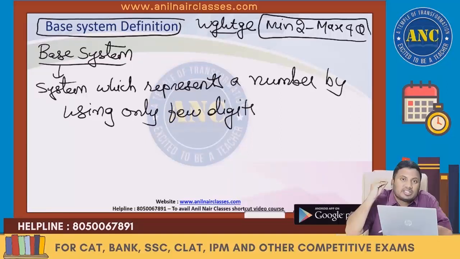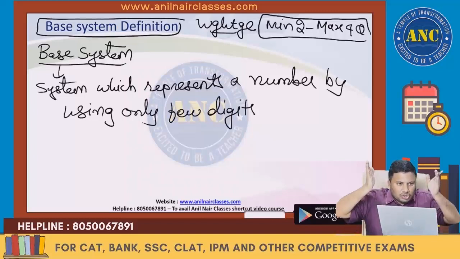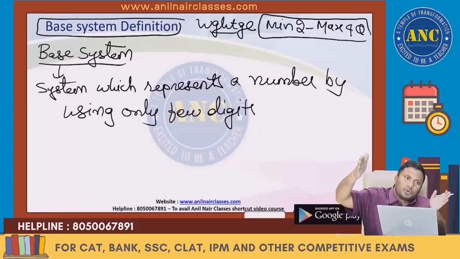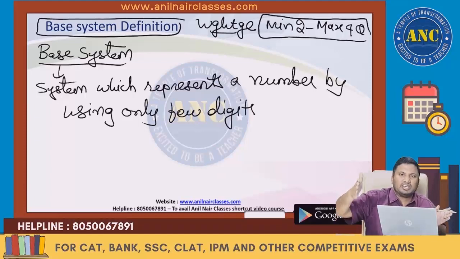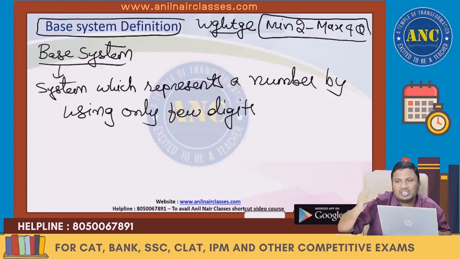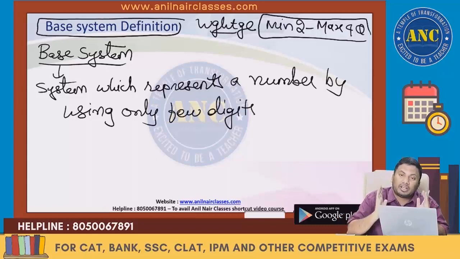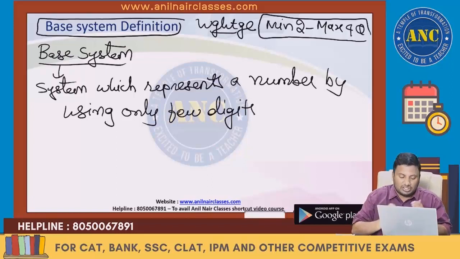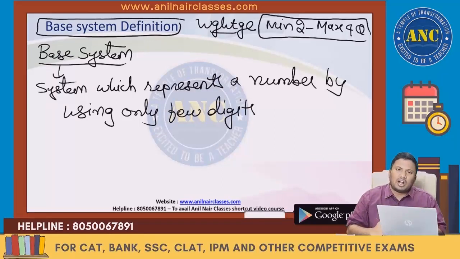In simpler language, a base system is a system which has got some base attached to it. That base says use only from this digit to this digit, do not use any digit beyond this digit. If you are putting a restriction on a particular set of digits, then that system is called a base system.